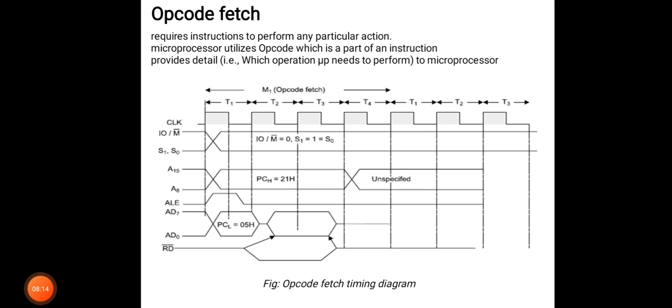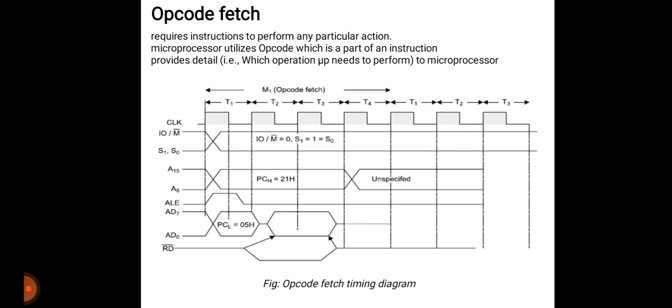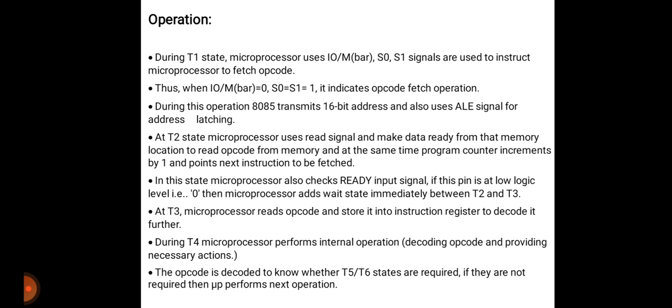Then we will see the operation of the opcode fetch. Operation in T1: during the T1 state, the microprocessor uses IO/M bar. Opcode fetch is shown in T1, T2, T3 and T4, which is called the M1 state or M1 bar.